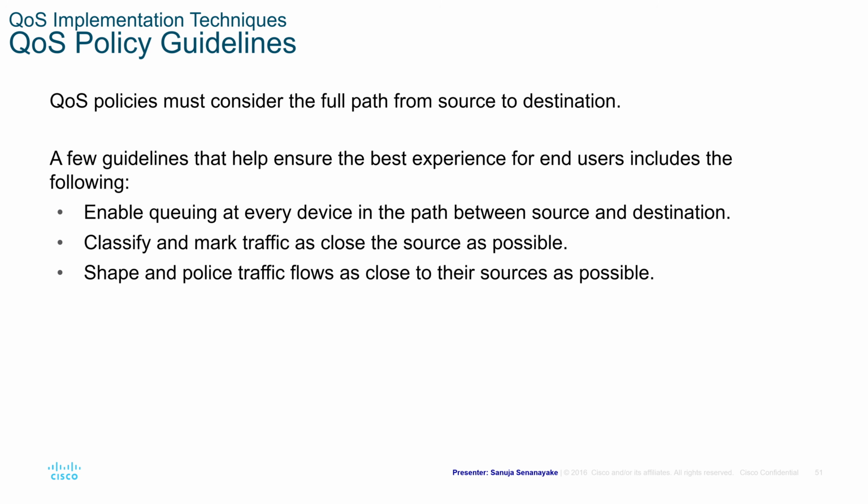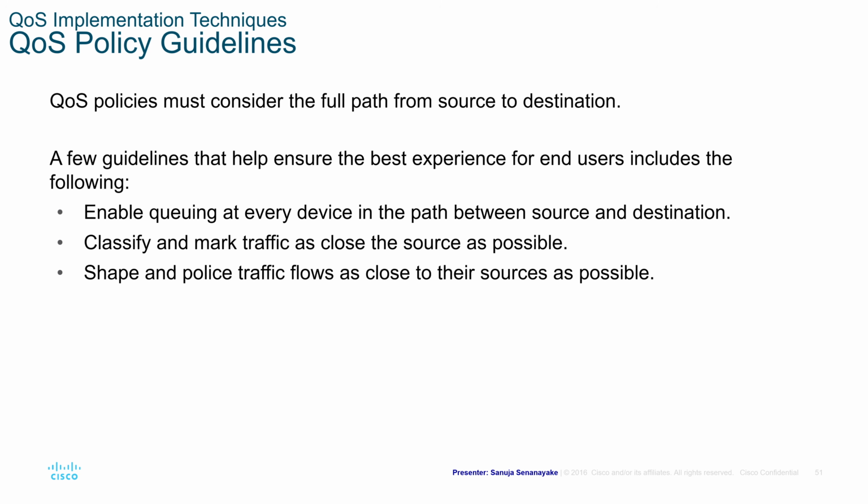So source to destination is very important. A few guidelines that help ensure the best experience for the end user include enabling queuing at every device in the path between the source and destination, so there is consistency between the source and the destination.